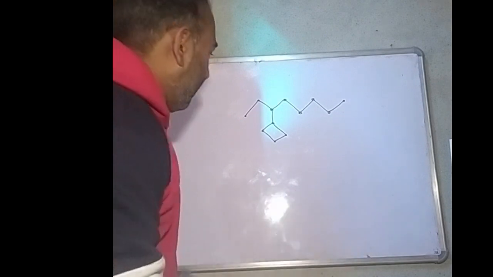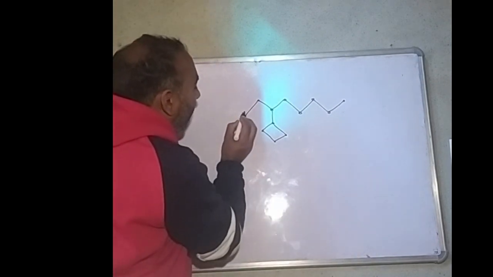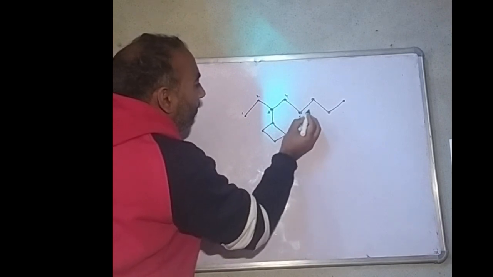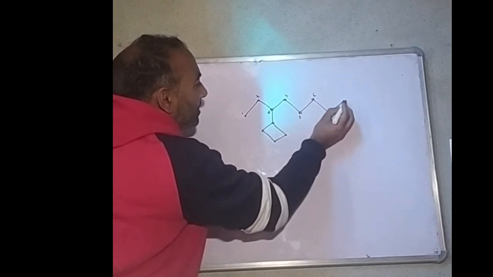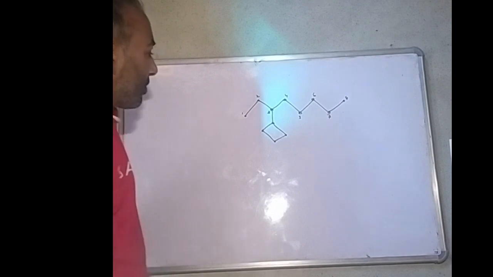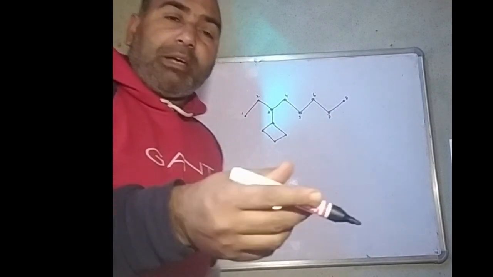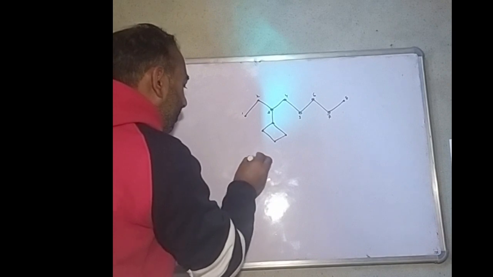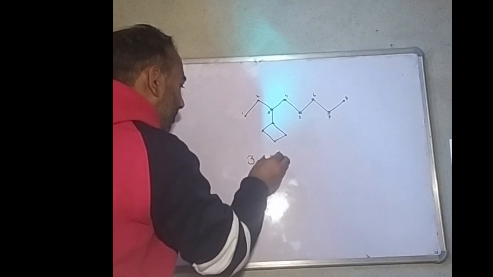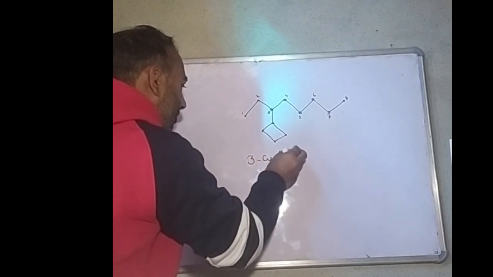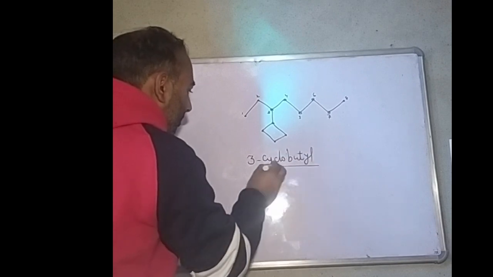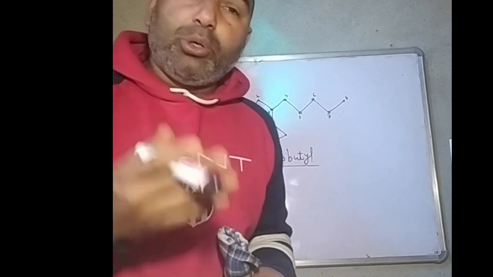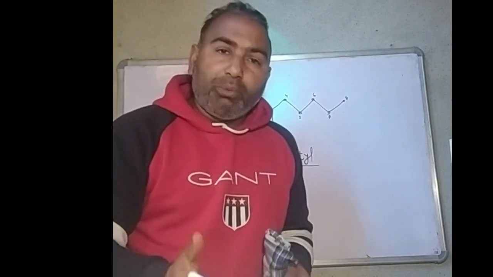Here I will write its name. So the numbering 1, 2, 3, 4, 5, 6, 7, 8. So at carbon number 3, there is a substituent. Its name is 3. See, try to understand. It is actually cyclobutane. Cyclobutane.